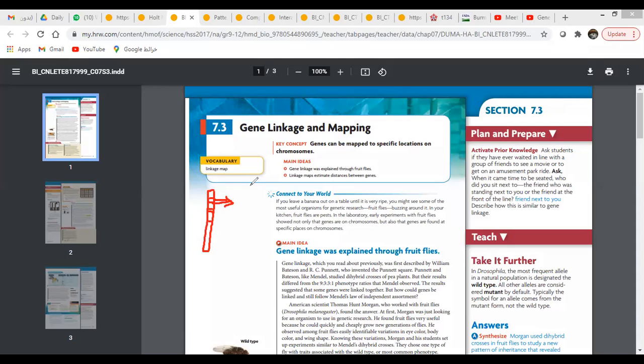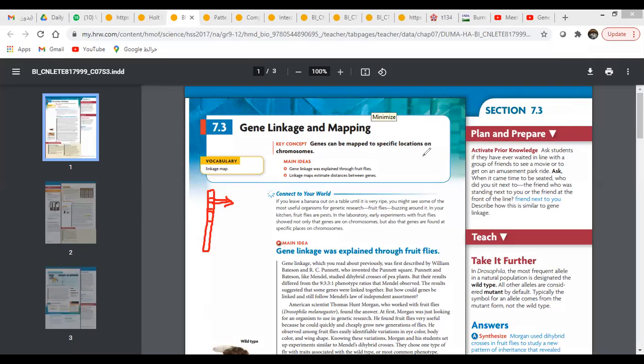They are linked together. So when inheritance happens, most of the time the linked genes are inherited together, as if they are stuck together. Do you remember this? When we learned about this before, tell me yes or no. Yes, I remember. Yes, all of you.